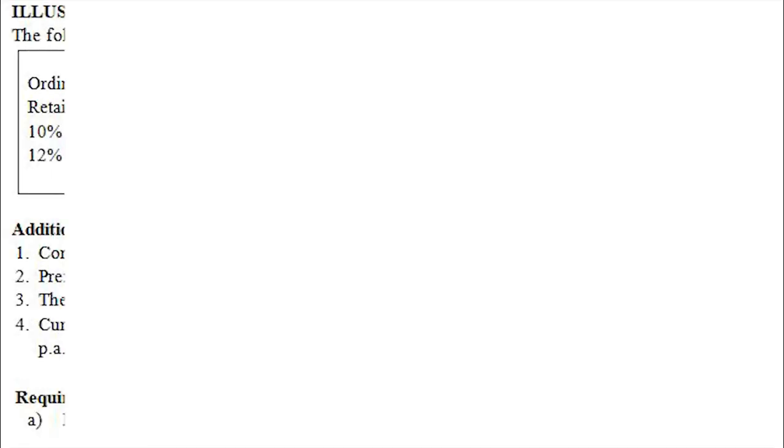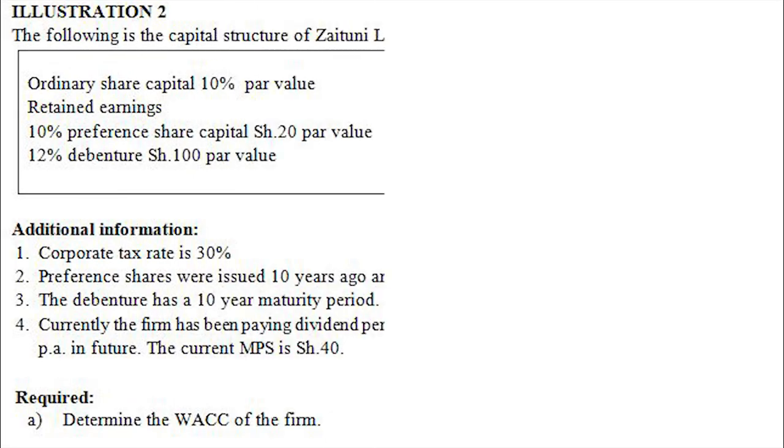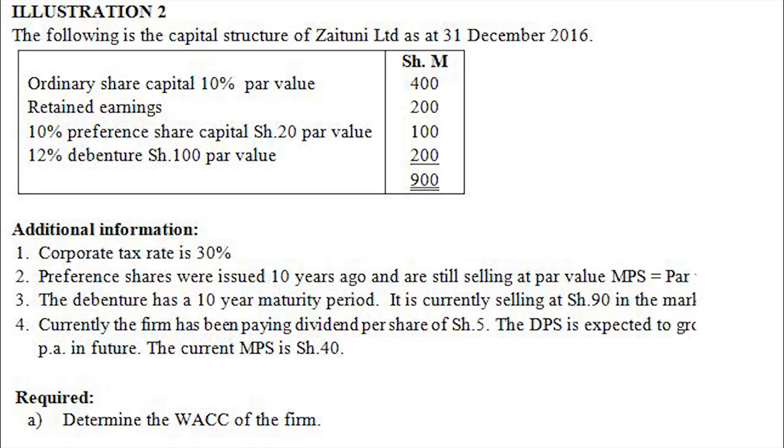So the other component here is the cost of debt, cost of debentures. And in note number 3, we have the information in regard to the debentures. We are told that debenture has a 10-year maturity period. It is currently selling at 90 shillings in the market.